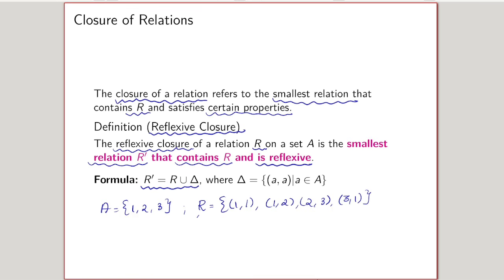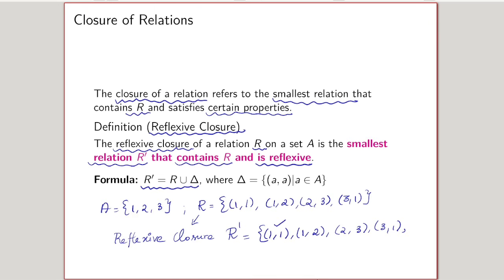For this relation, the reflexive closure R dash is where we include all the self-related elements. Already it is given that (1, 1) is there. So we can write all the elements in R first: (1, 2), (2, 3), (3, 1).